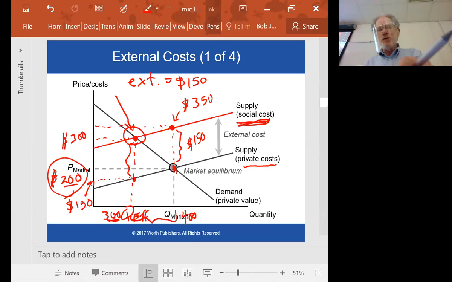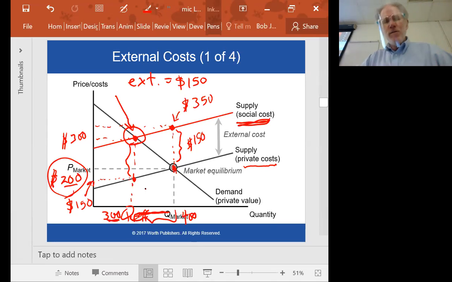But when you have an externality, incentives are wrong. That's the problem. And so if everybody simply follows what they have an incentive to do, you end up here at 400, producing these extra 100 tires where each of those tires cost more than it's worth.